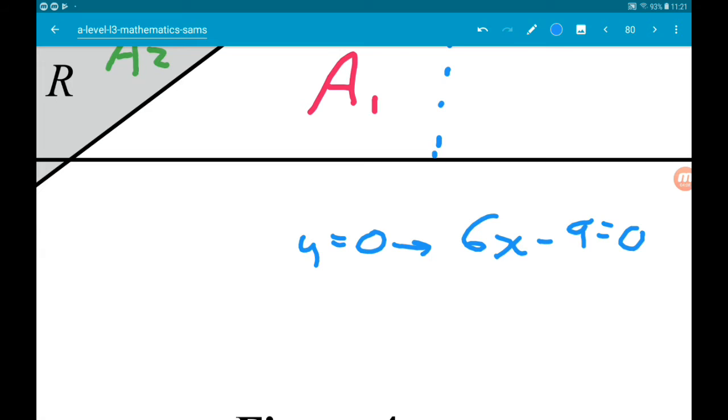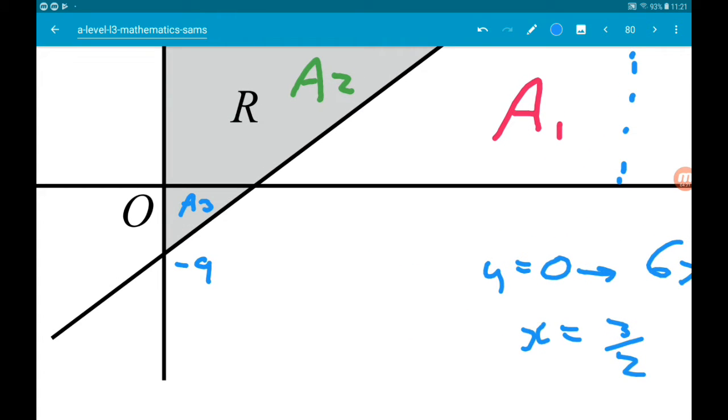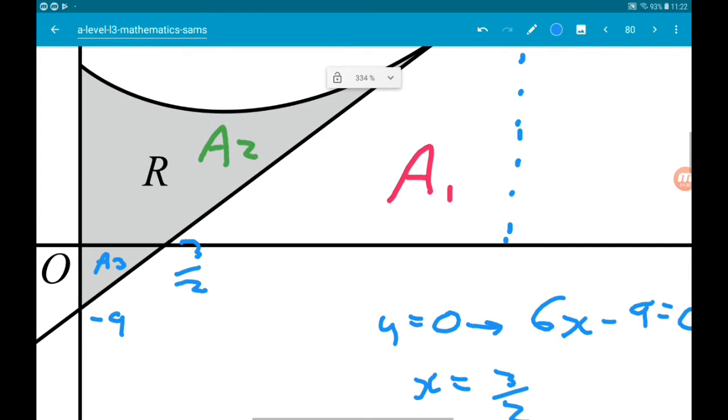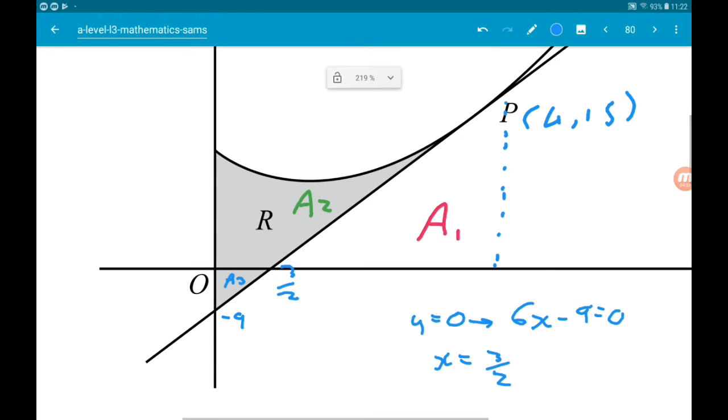So 6x is 9, so x is 3 halves. Okay, so what we can now do is work out the area A1.